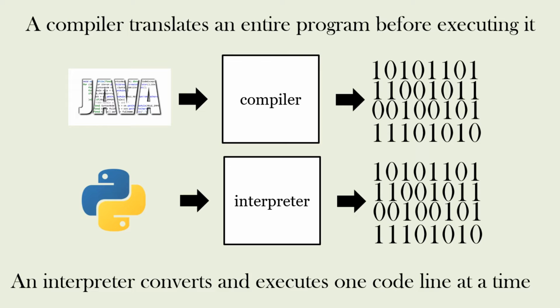So we've seen the assembler. We have languages that are compiled into the machine language, and a compiler translates the whole program before running it, before executing it. Whereas other languages are interpreted. These convert and execute one code line at a time.